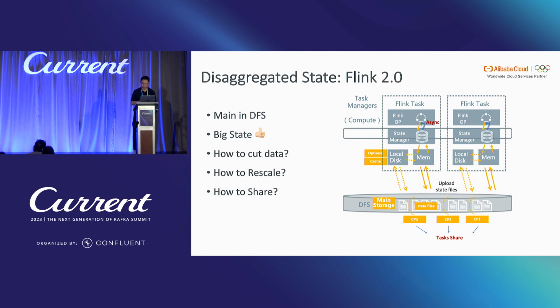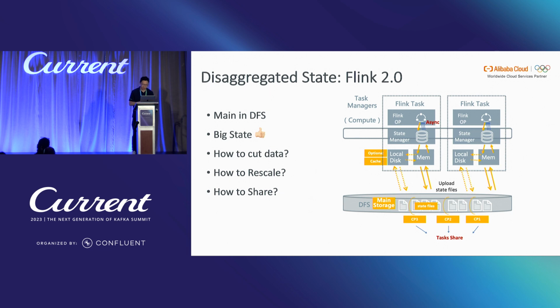This sounds very good, but there are many challenges. For example, how to cut data, because maybe all files are hot files, and the performance will be very bad. And how to rescale, because Flink has done many features to scale state from 10 tasks to 20 tasks, for example.